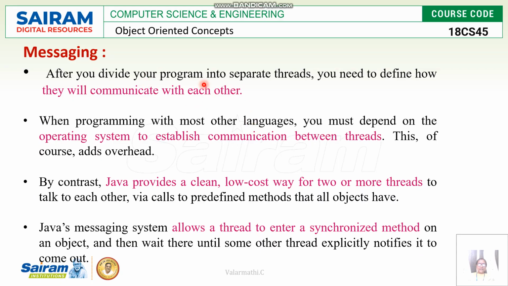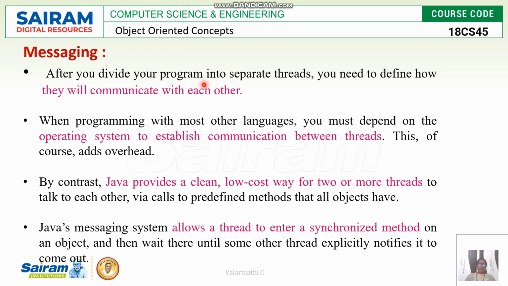Messaging. As we know, a program is divided into a number of threads, and in order to communicate from one thread to another thread, we need a proper messaging system. This proper messaging system is also provided in Java.